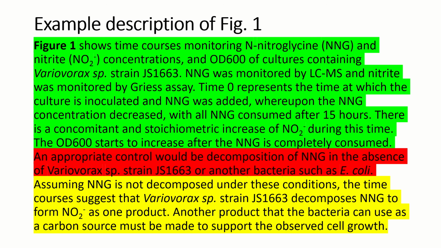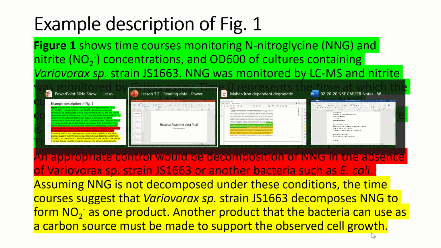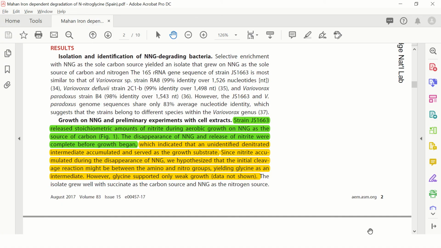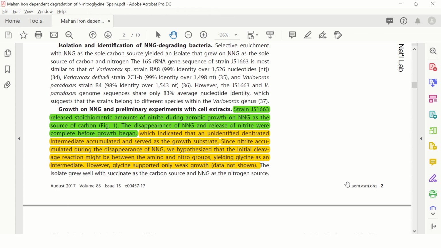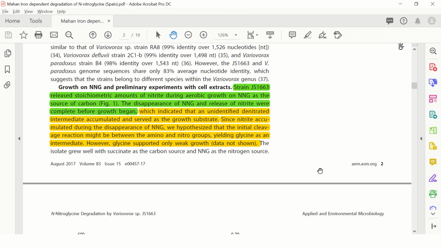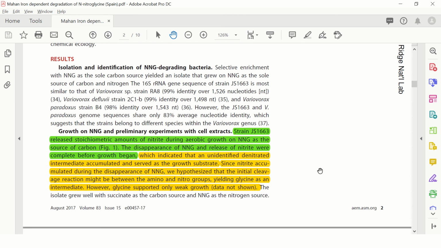Okay, so we can write this out again. We can just do this in our own words, describe the figure, and then compare it to what the author said. If we draw the same conclusions, then we can reasonably feel confident in the interpretation of that figure.